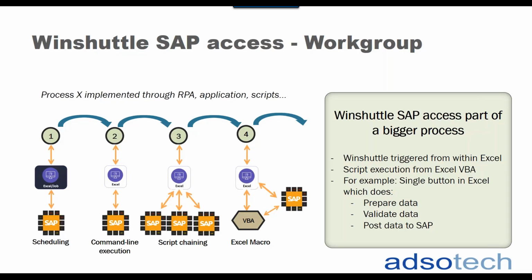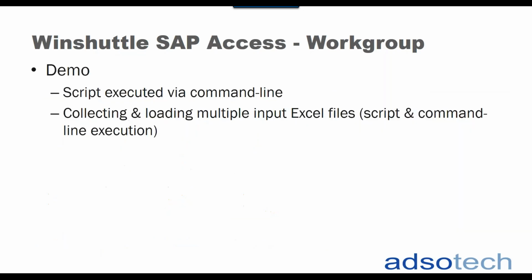What I'm going to show in the first quick demo is a very small command line execution. We will be executing a transaction script via the command line. The second demo is slightly more involved. There is some scripting that has been built here.